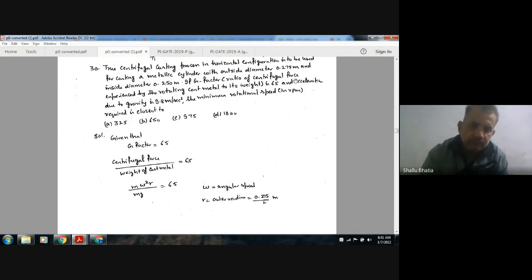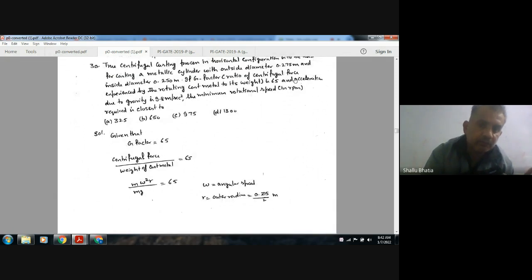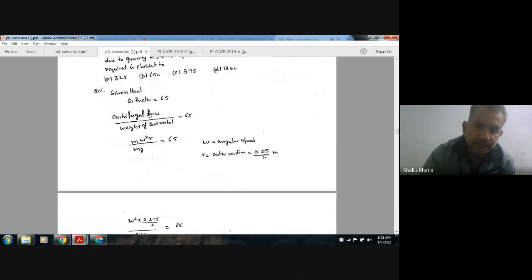Since outside diameter and inside diameter are both given, there is no need to consider the inside radius.